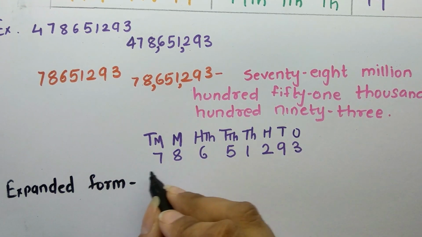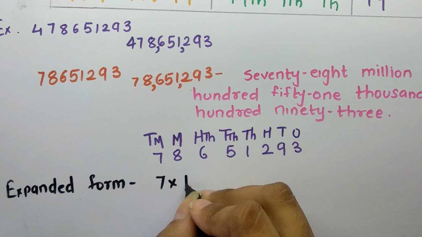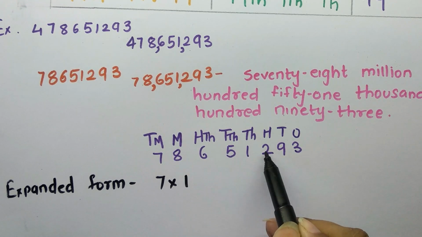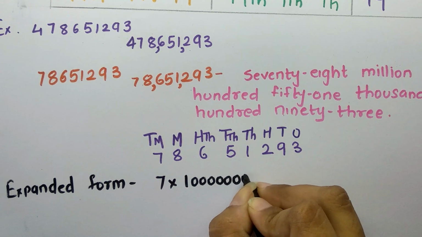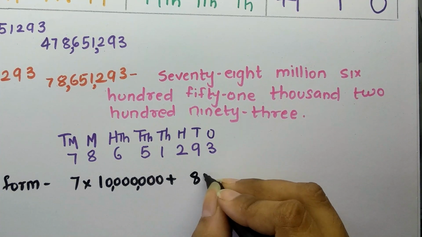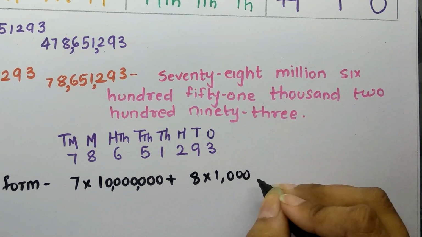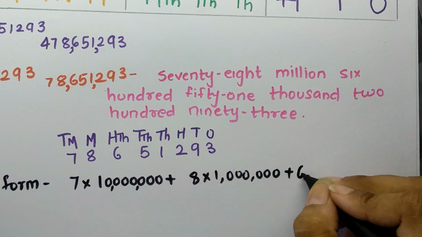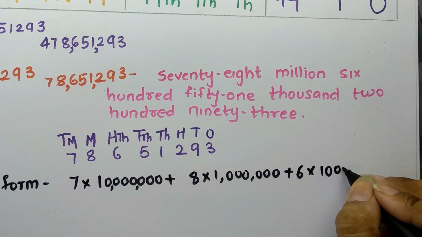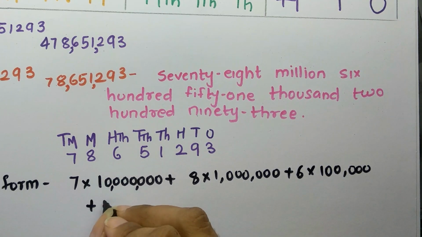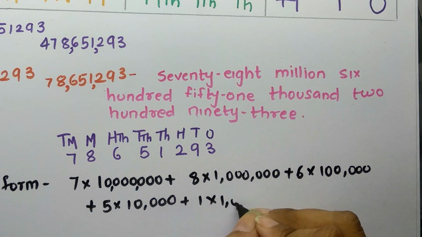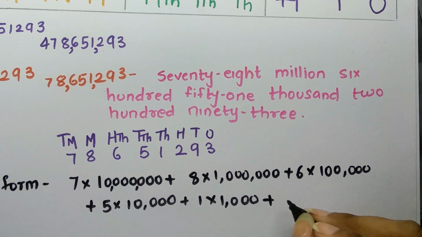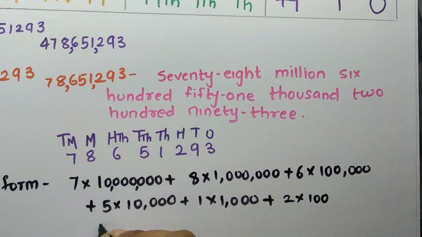So I'll multiply 7 with 10 million plus 8 multiplied by 1 million, 6 multiplied by 100,000, 5 multiplied by 10,000, 1 multiplied by 1000, 2 multiplied by 100, 9 multiplied by 10 and 3 multiplied by 1.